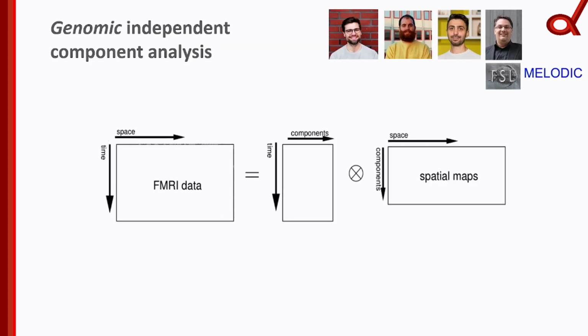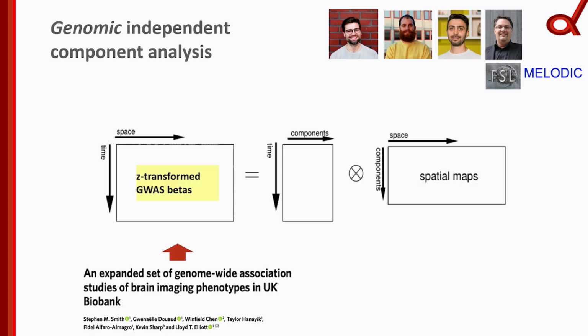And so we try to apply ICA to these genomic brain imaging associations. And we adapted the MELODIC algorithm together with Christian Beckmann, who developed the MELODIC algorithm, to do this. And as input, we took the Z-transform, so the standardized GWAS betas from the Oxford group's GWAS results. And instead of the voxels that we normally have in fMRI, we now have 1 million SNPs in that dimension.